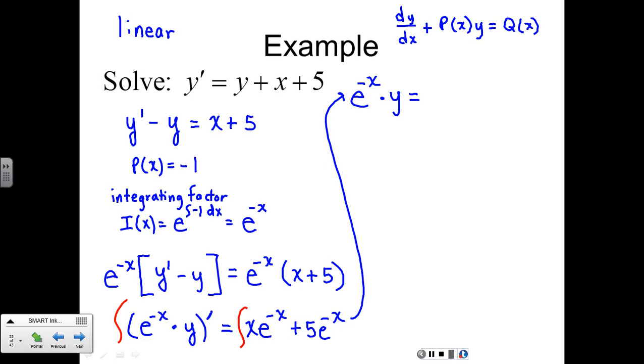Who knows the formula for integration by parts? uv minus the integral of v du. I think you said it exactly right. So u times v, that's going to be minus x e to the minus x. Okay?